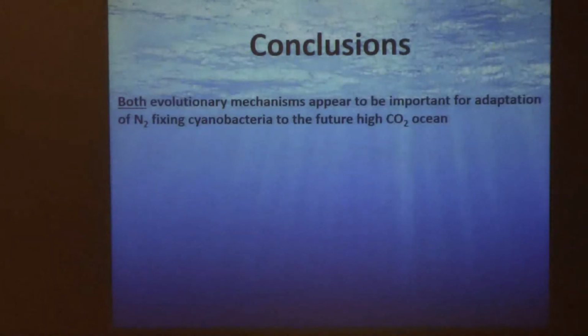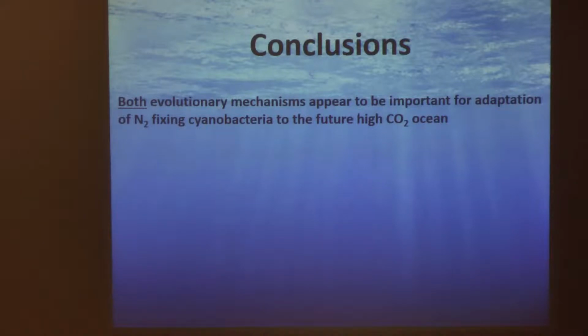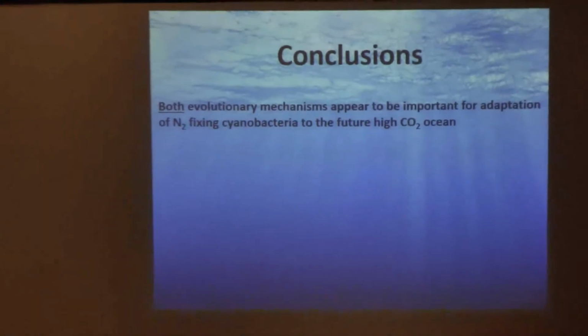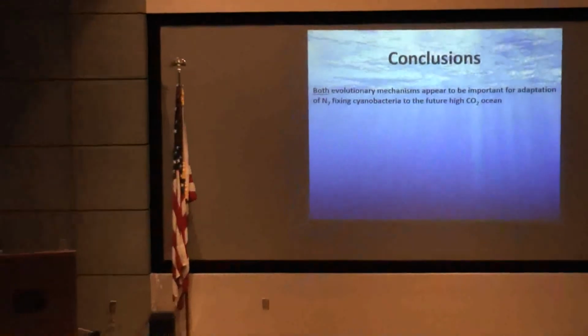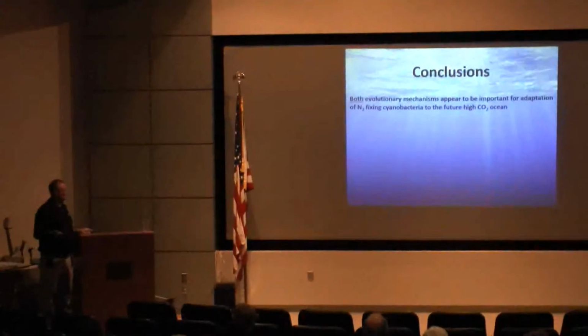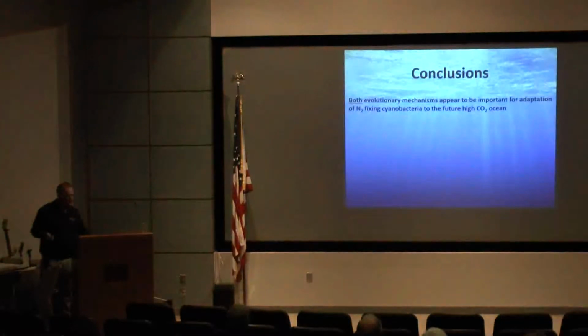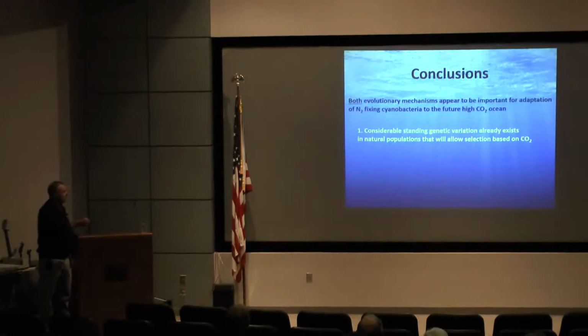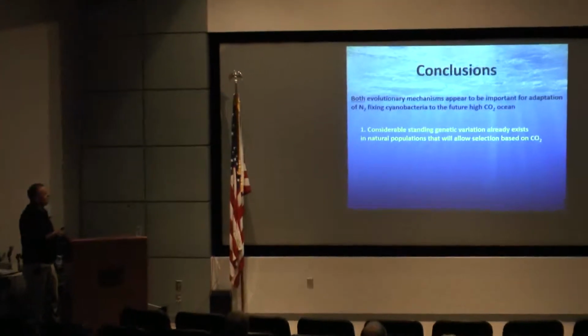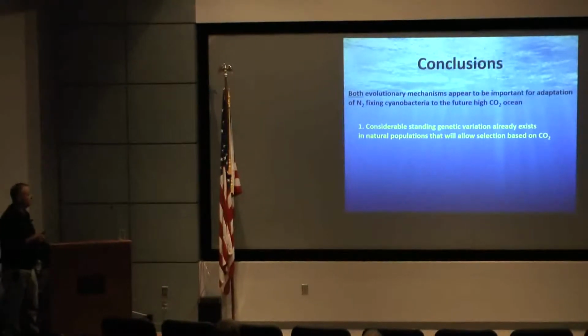So in conclusion, for this whole section, both the evolutionary mechanisms that I mentioned in the beginning seem to be potentially important for adaptation of these N2 fixers in the future high CO2 ocean. There's a lot of standing genetic variation that already exists that will allow CO2 to select for particular strains.